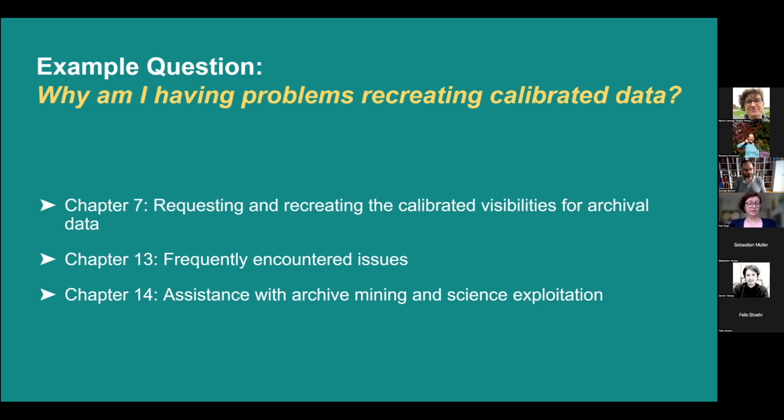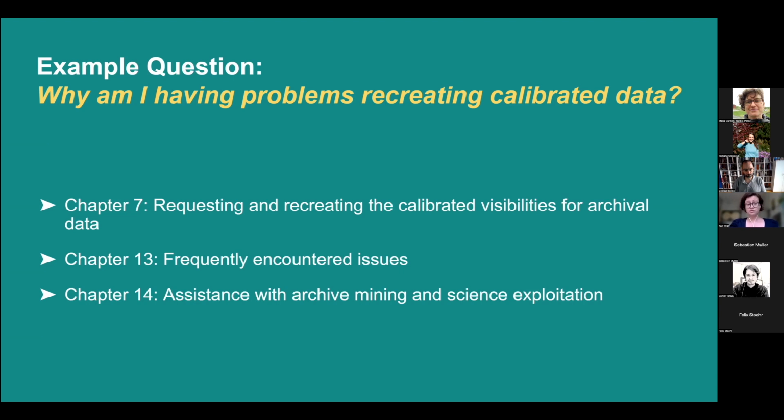And finally, the last question, why am I having problems recreating calibrated data? Because this can happen. So you can start in chapter 4. Either you can directly decide to just request the calibrated data and be done with it, or you can decide to read again about how to recreate the calibrated visibilities.